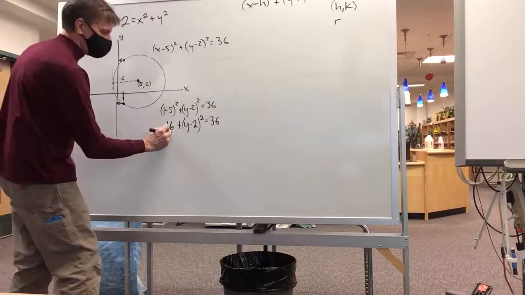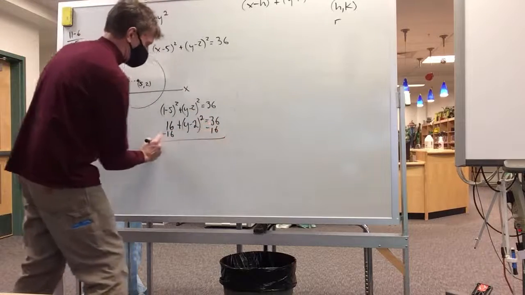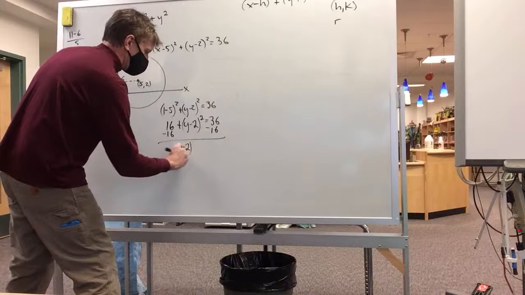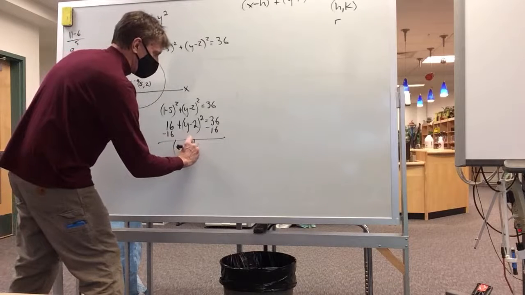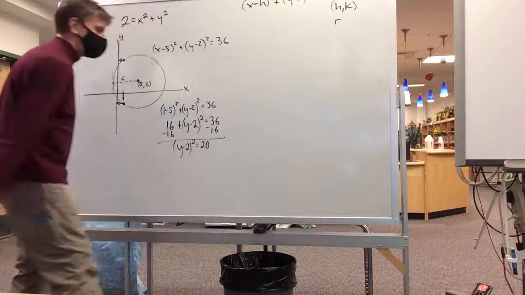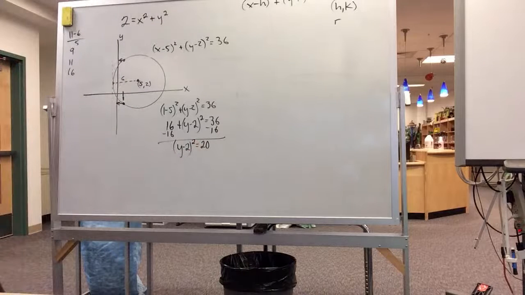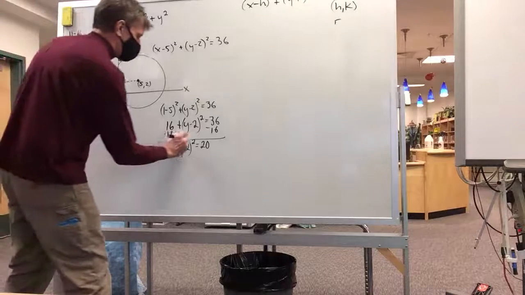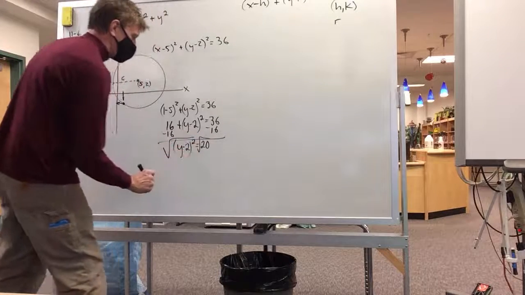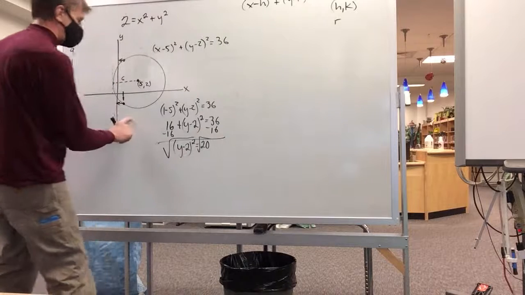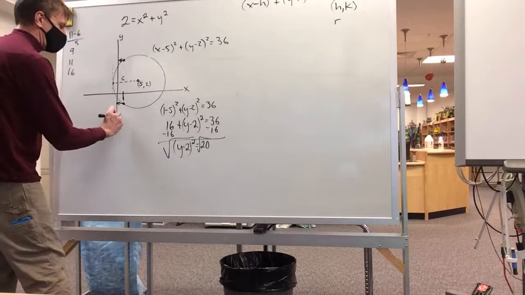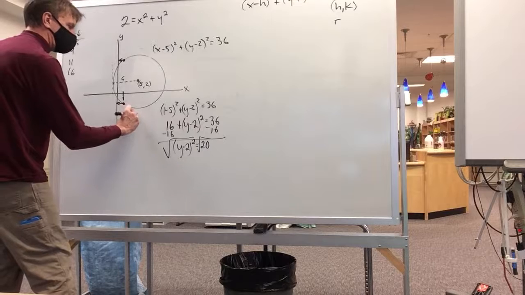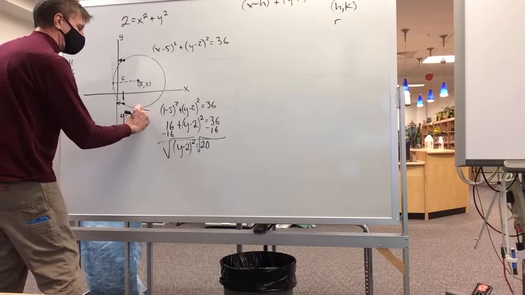Subtract 16. (y − 2)² is equal to 20. Then what? Square root both sides. So y − 2 is equal to the square root of 20.